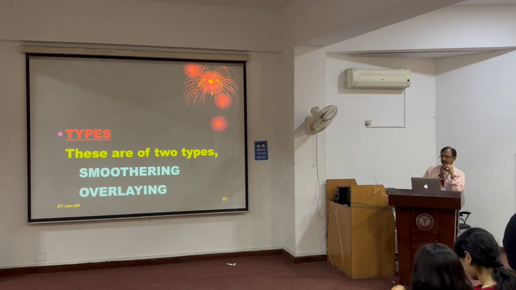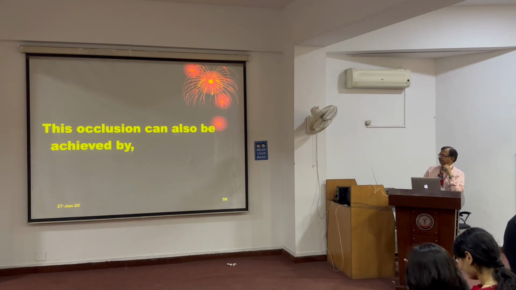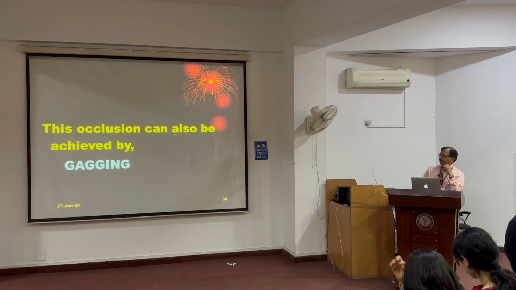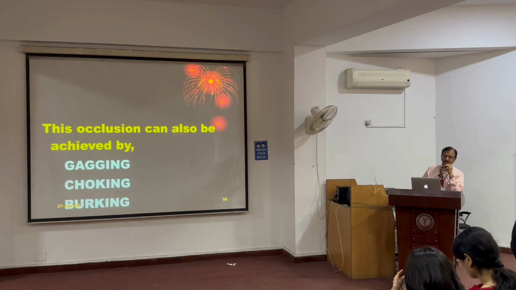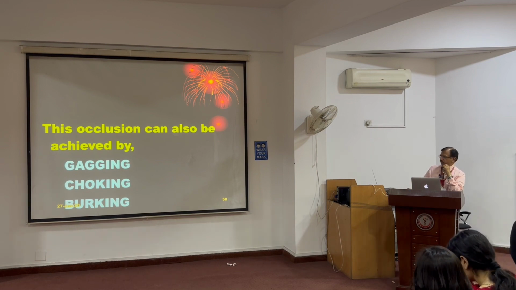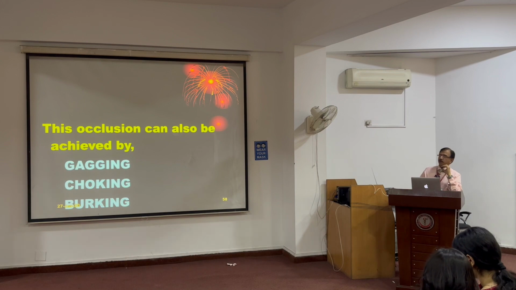Smothering means when you obstruct the entry of air either by gagging, by choking, or by barking. This is a special phenomenon. So smothering is either by gag, by choke, or by barking.